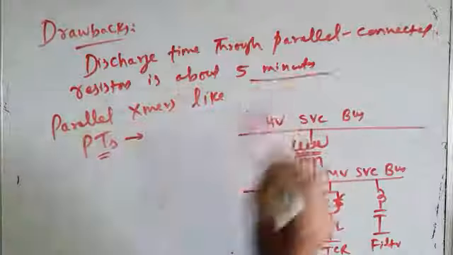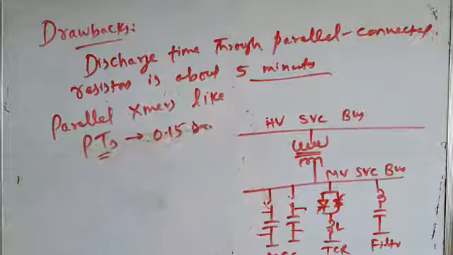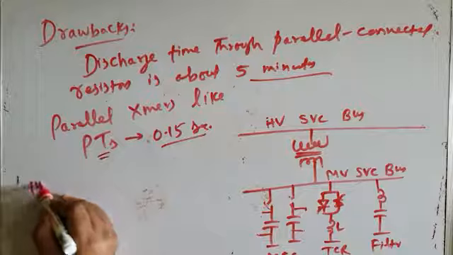Instead of taking 5 minutes to discharge, they take only 0.15 second to discharge. That results in quick discharge. But again, the PTs are not free of cost. They involve certain cost. So you have to invest in PTs and connect them across the capacitor banks for quick discharge. Okay, so this is the second drawback.